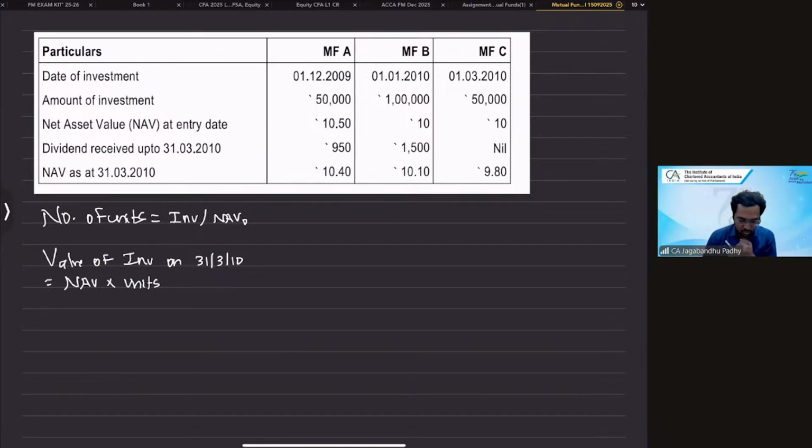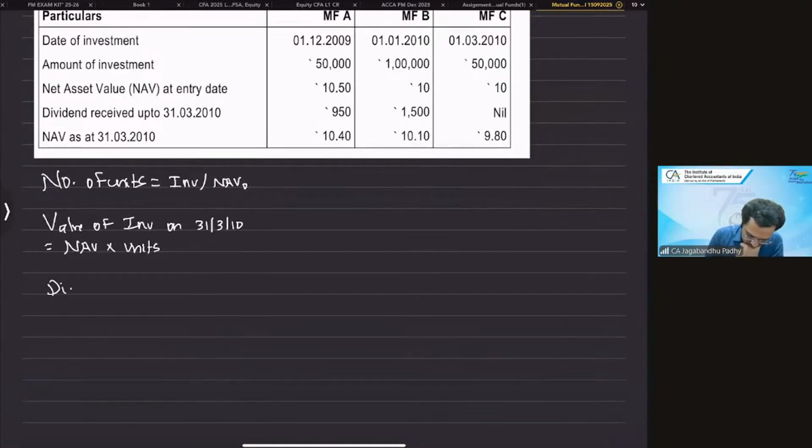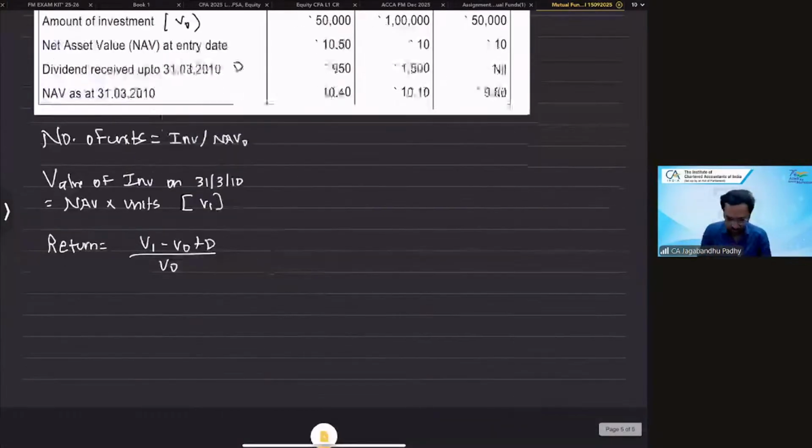Dividend received is already known to us. We can calculate the rate of return. Let's keep the amount of investment as V0, value of investment on this date as V1, and distribution as D. So return will be V1 minus V0 plus D upon V0.